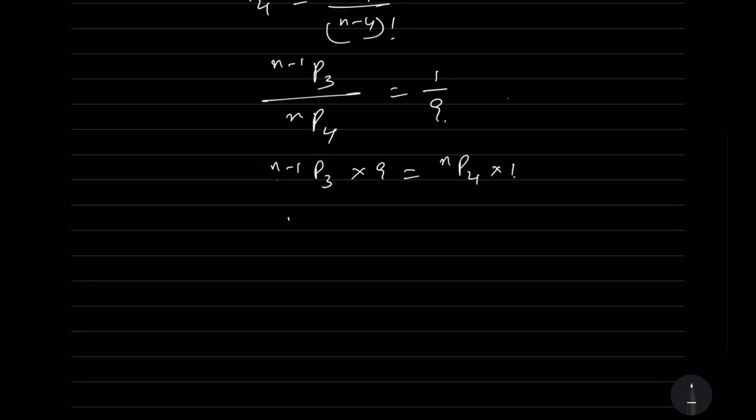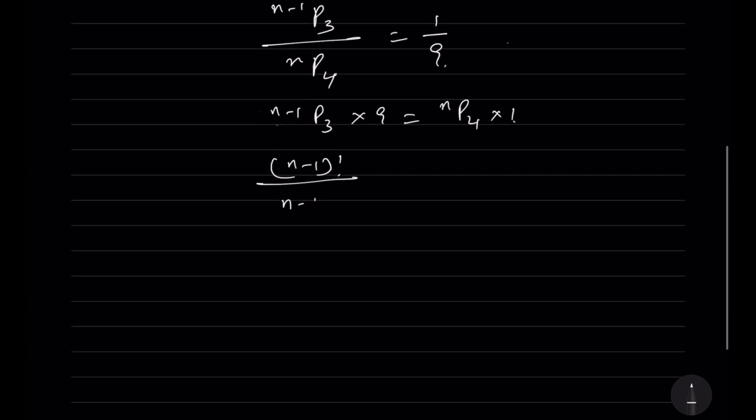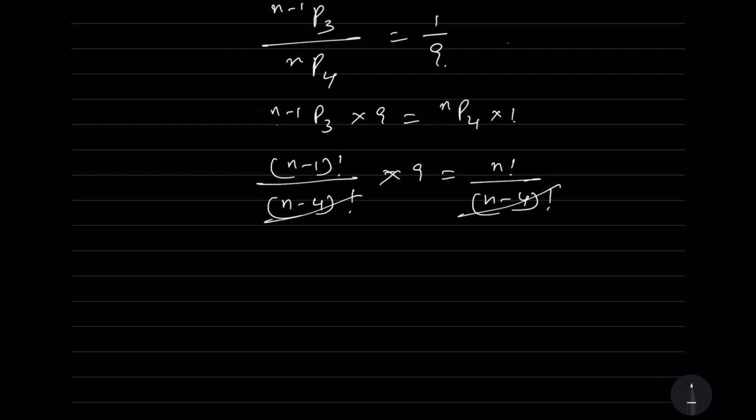So we get (n minus 1) factorial by (n minus 4) factorial into 9 is equal to n factorial by (n minus 4) factorial. These two will get cancelled. So (n minus 1) factorial into 9 is equal to n into (n minus 1) factorial. The (n minus 1) factorial terms get cancelled. So n is equal to 9 is the answer for this sixth one.